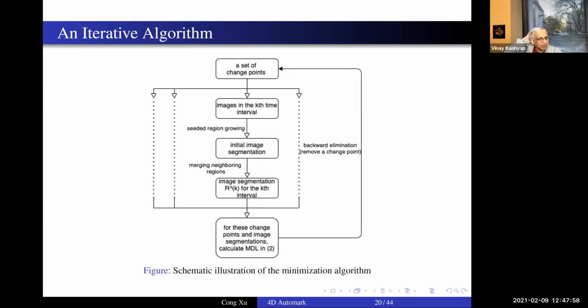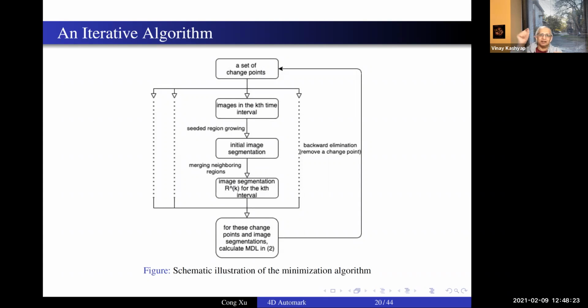I think I can translate. Suppose you have a light curve of images, a data cube, right? Let's say there are 100 such images. You say there's a change point at the 50th image. That is a model. You go through this whole thing and calculate the MDL.